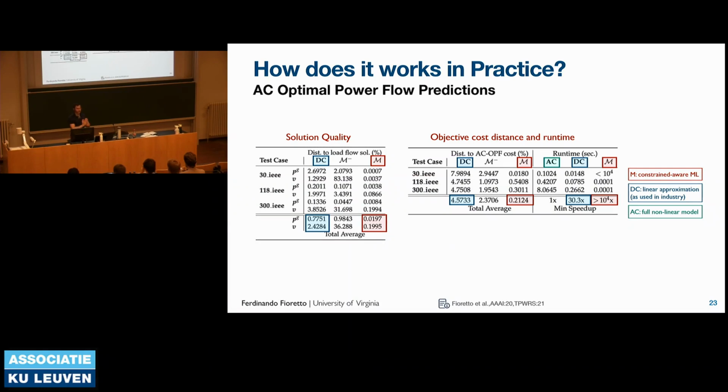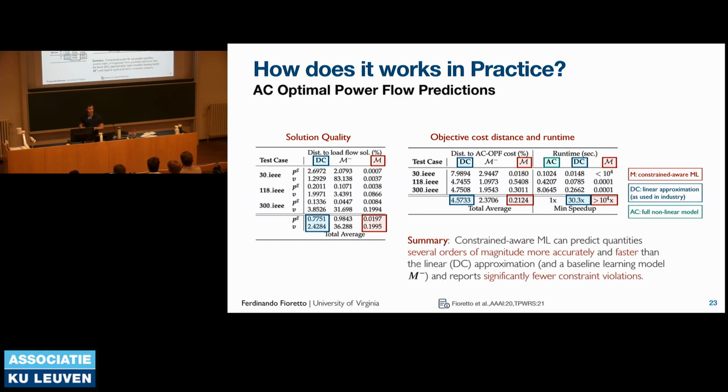Since after you train this is just pure inference time, these things are really quick. You can run inference in the order of milliseconds, meaning that you're over 4 orders of magnitude faster than the current AC solvers. So this technique works pretty well in these classes of problems, and there are some caveats to consider, but this really started a research area that we continued for a few years.